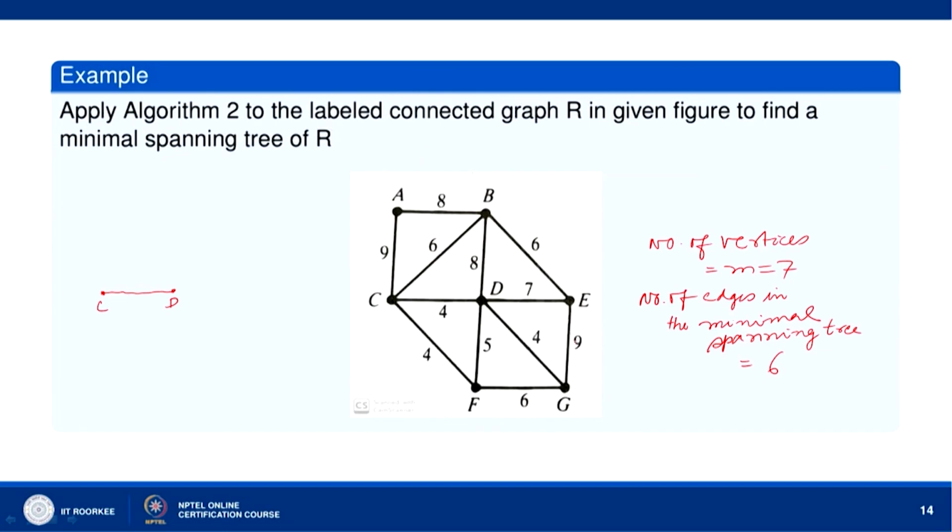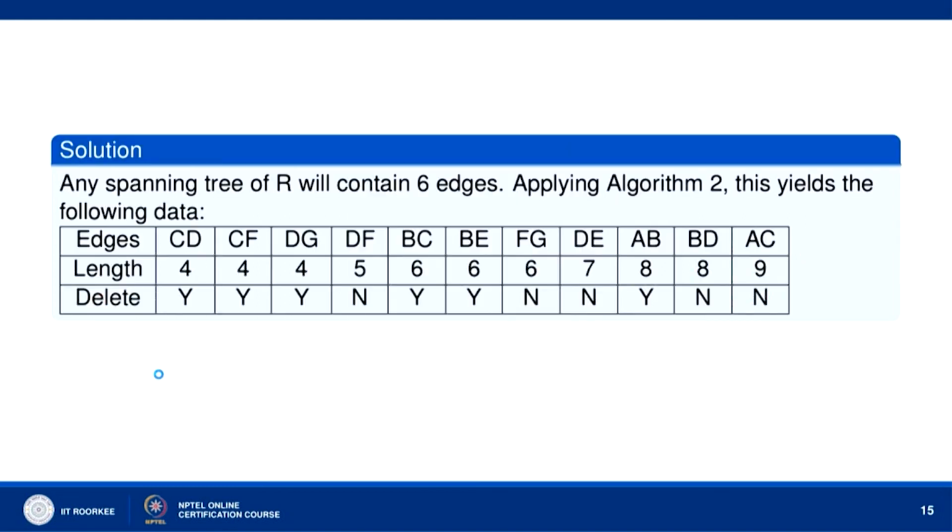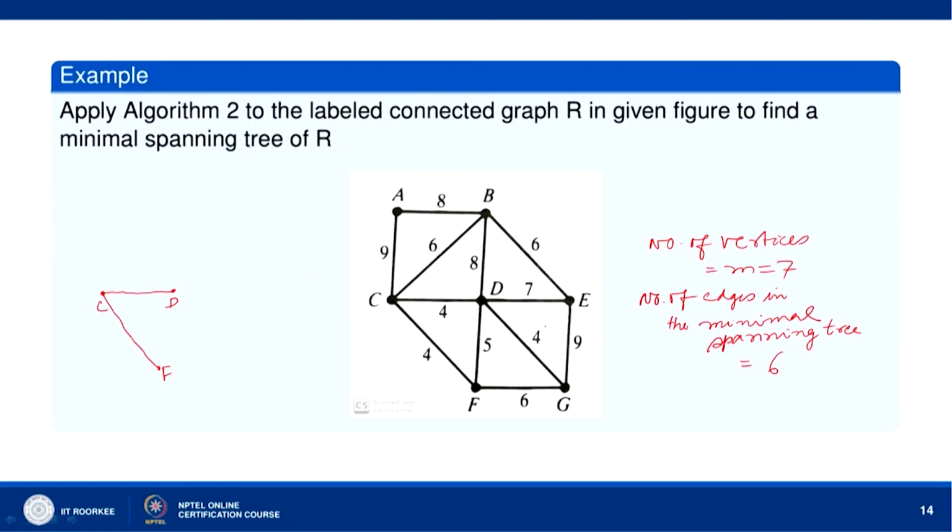CF is here. So, CF can be added. And then DG. DG can be added. There is no circuit or cycle formed so far.